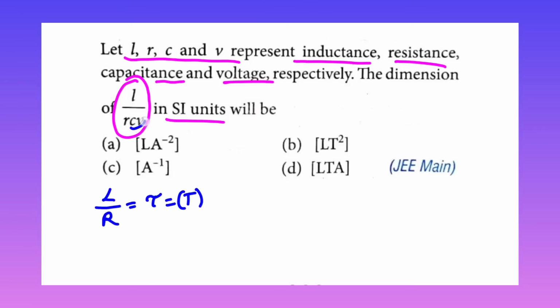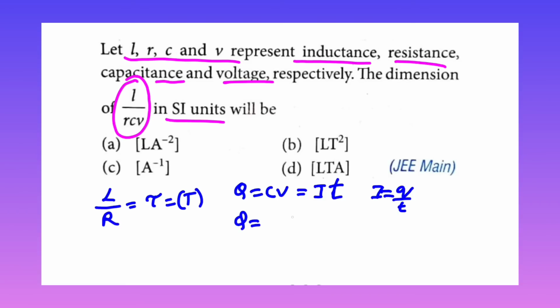And now you know that in that CV, if you consider, Q is equal to CV. Charge is nothing but the product of capacitance and voltage, and charge also has another formula, that is I T. Why is charge equal to I into T, current into time? Because current is equal to charge by time. So charge is equal to current into time.